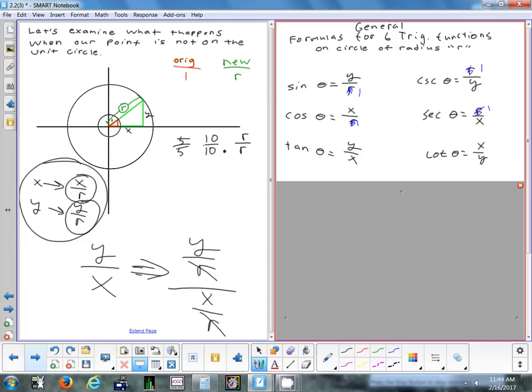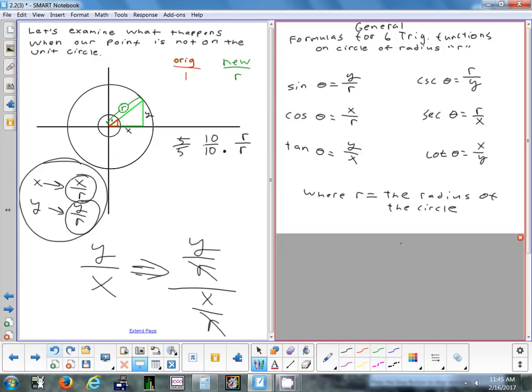So the formulas that I taught you on Monday were really these formulas. But to start out with, I made it easier by letting r be 1. I could have let r be 2, 3, it doesn't matter. 1 is an easy number to work with. Okay, so when we did it on Monday, the radius was always a 1. Now the radius can be anything you want.